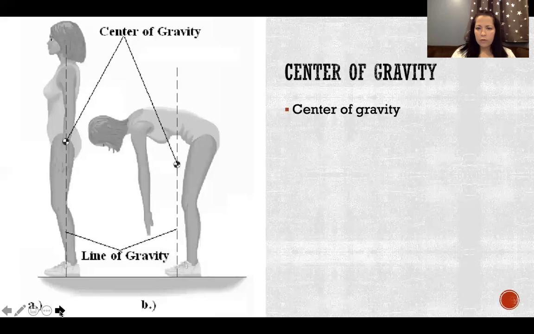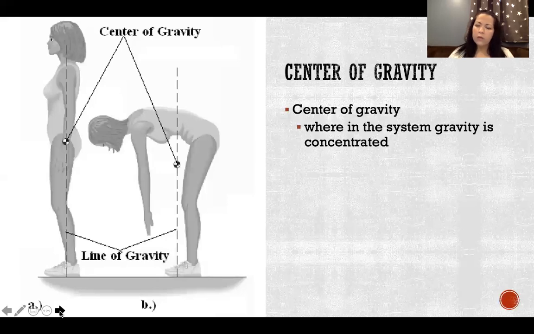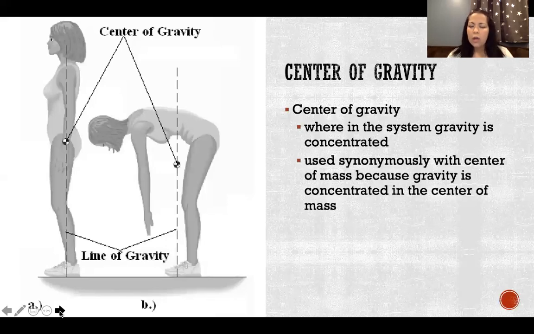So center of gravity is where in the system gravity is concentrated. In a previous video, we talked about center of mass. Where we put all three cardinal planes evenly through the body, where they intersect is the center of mass, so where the average mass of the body is.